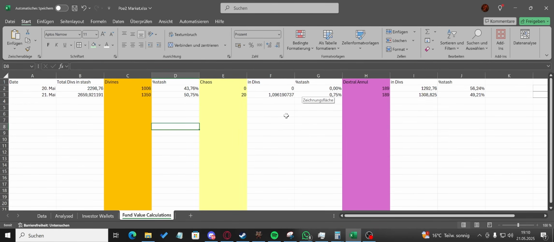So if we look at this, we can see there is something going on with the stash distribution that we have, where we have 50% in divines, we have 1% in chaos, right? Because chaos is usually a good investment, but not really for making a lot of profit. Dextral null, we got 50% of total stash in those, because those are going to rise in value, right? So yeah, that's about it.